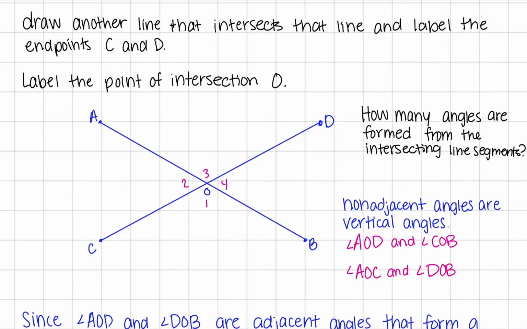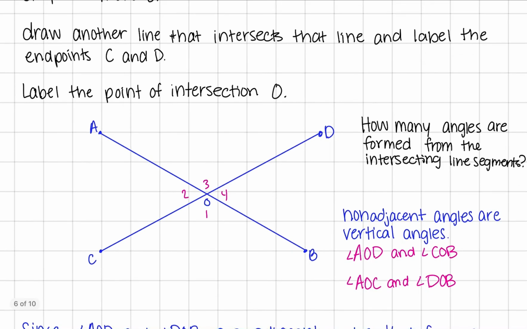These are non-adjacent angles. And so these are vertical angles because they are opposite of each other.